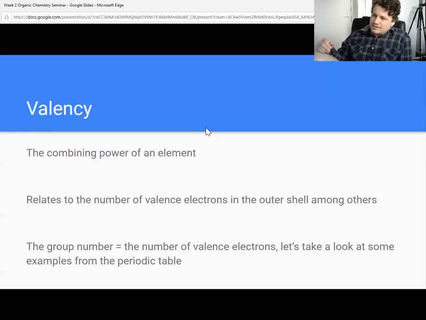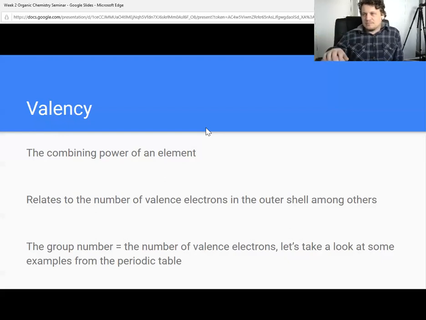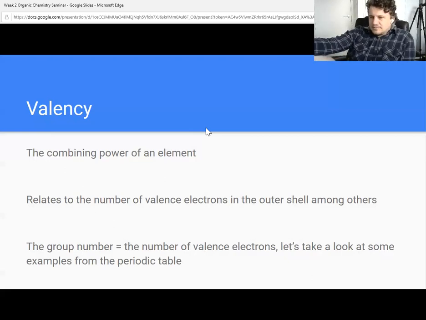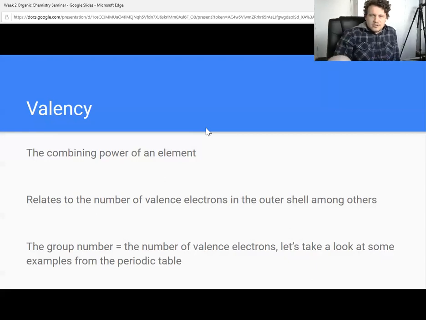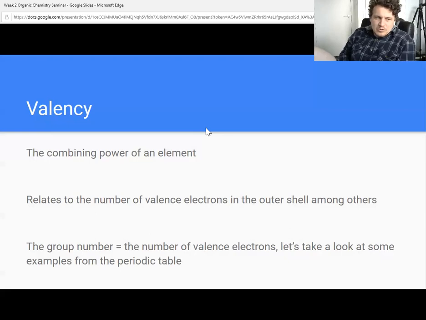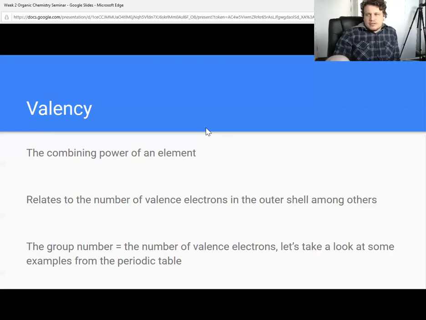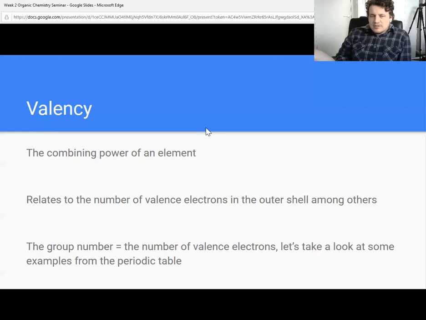So when sodium comes along and says, I need to get rid of 1 to be back at my ground state, or the noble gas configuration, it gives it to chlorine, and then they're both happy. That's an ionic bond. Carbon and hydrogen, they share their bonding pairs of electrons. So that is a covalent bond. So they're the examples from the periodic table that I was going to talk about.